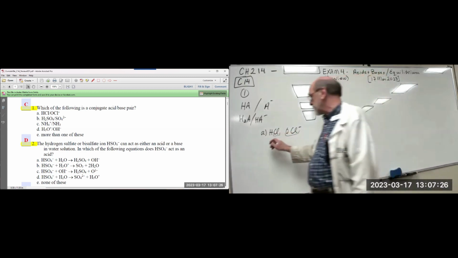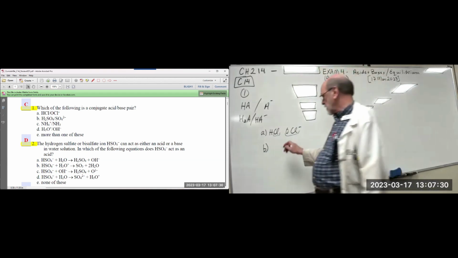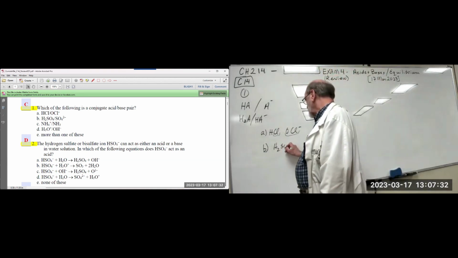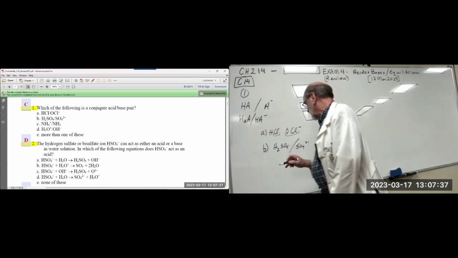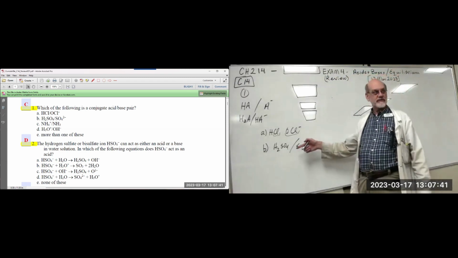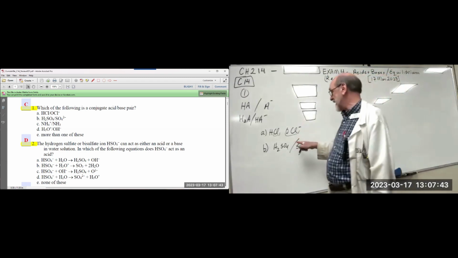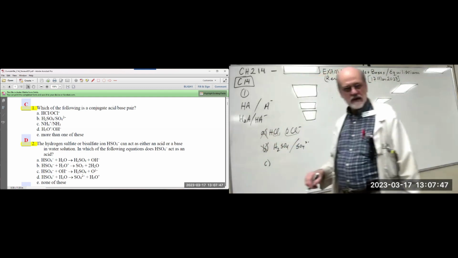So it can't be A. B, H2SO4 and SO4 2 minus. What's wrong with that picture? It's missing 2 hydrogens. You can only miss one at a time. So that one's wrong, that one's wrong.